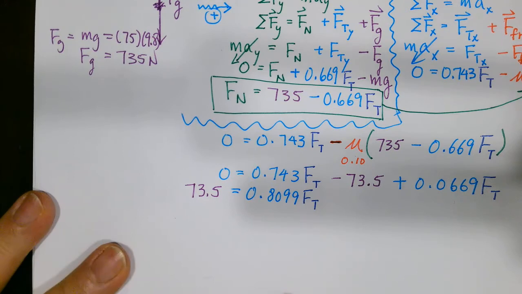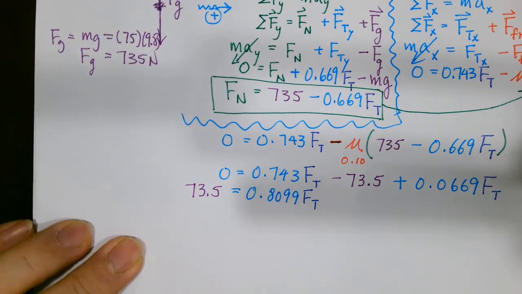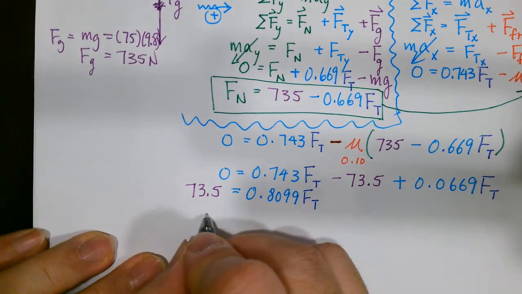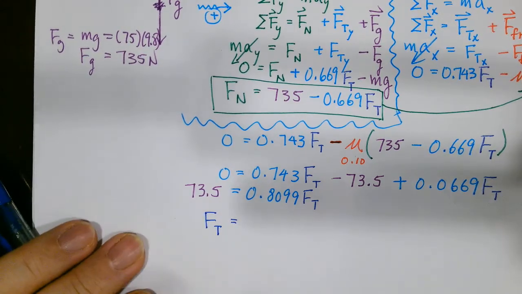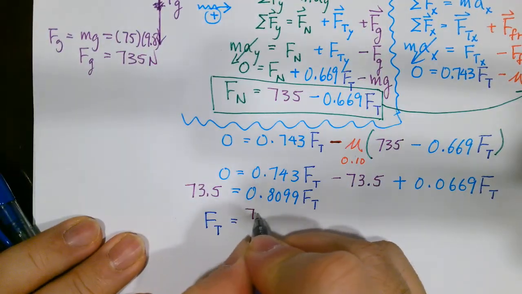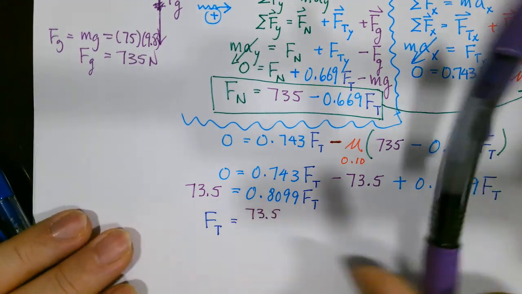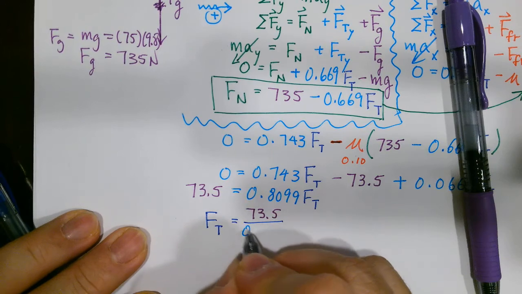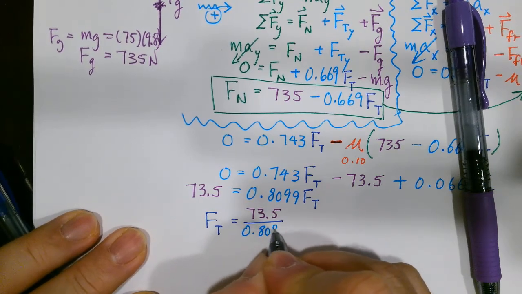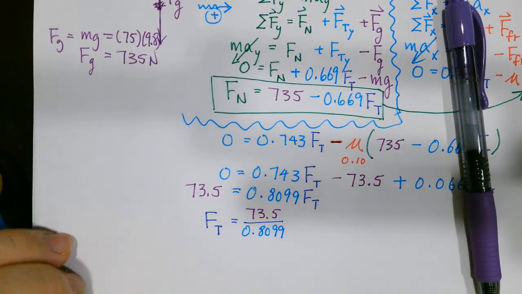All right. So let's solve for F tension. My F tension is equal to simply 73.5 divided by 0.8099.